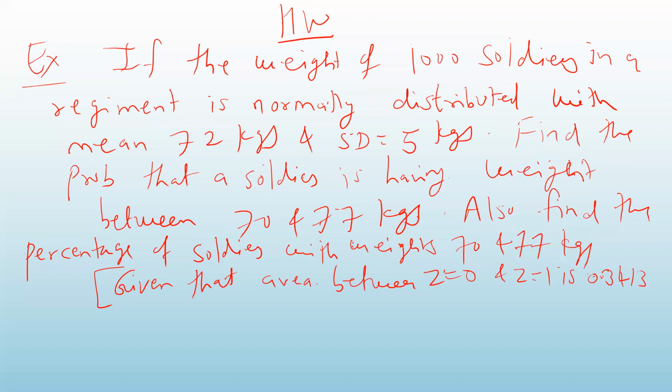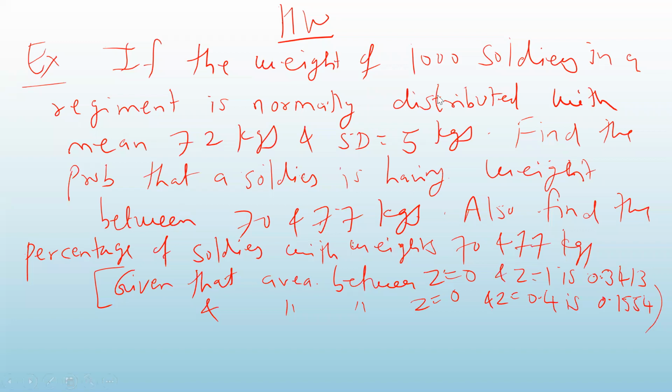Area between z equal to 0 and z equal to 1, and area between z equal to 0 and z equal to 0.4. This is also given to you. So these two areas you will require here. 0.1554. Okay. So write down this question, take the screenshot of this.